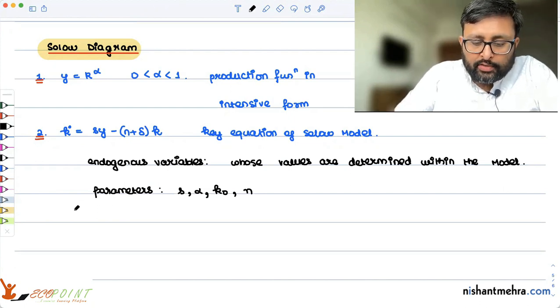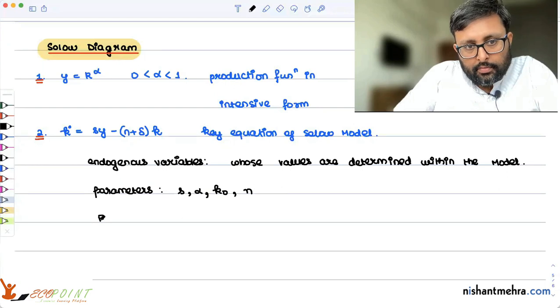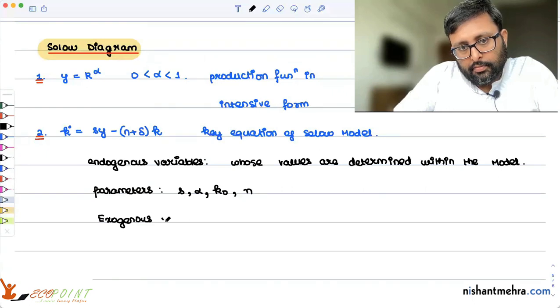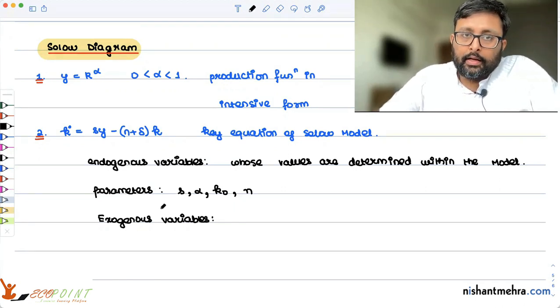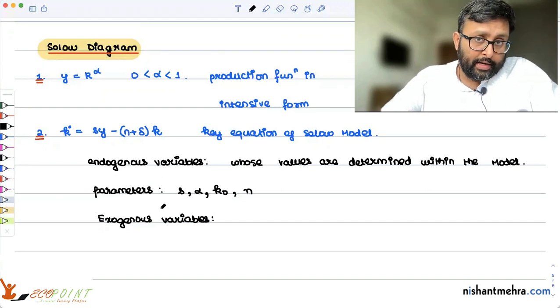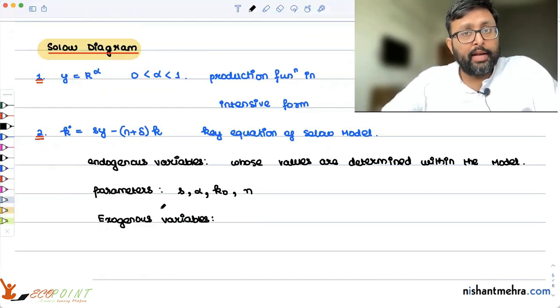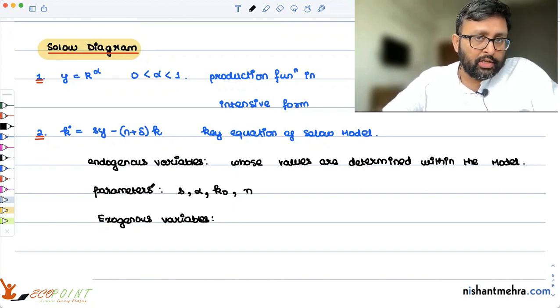Then you have exogenous variables. They can vary over time, but their values are determined outside the system. For parameters also, the values are determined outside the system, and for exogenous variables also.